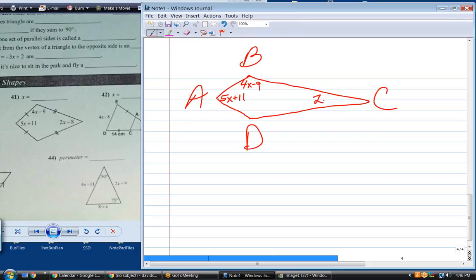Now, this one is clearly an angle, but it's not always as clear. What's D? In other words, they got 3 of the 4 angles labeled. Can I label D? D is just 4x minus 9. Now, what equation can I write in order to solve for x? Always be looking for that equation.